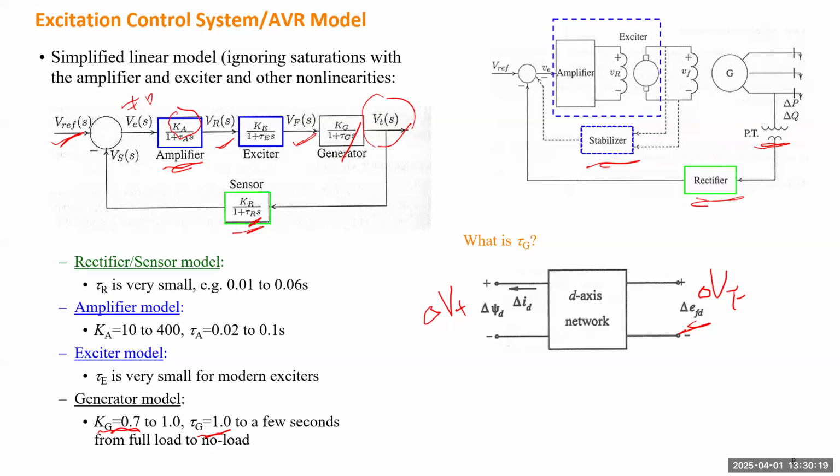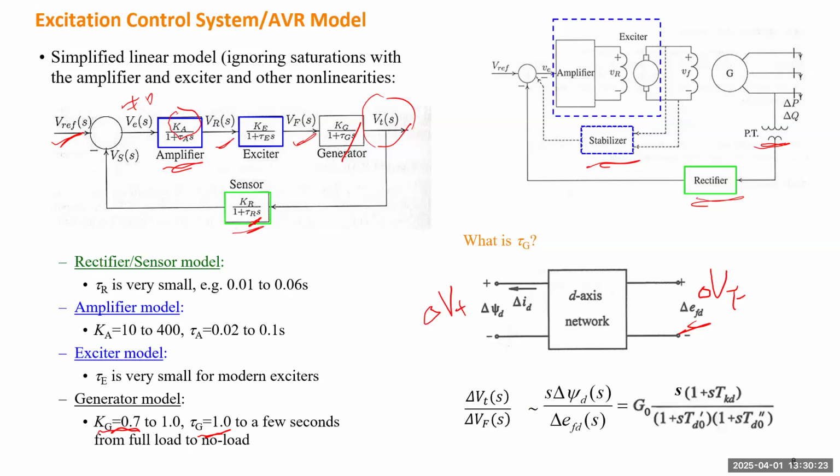The open circuit time constants. Those two. Okay, so we know TD0 prime is much longer than TD0 double prime. So for simplicity, if we ignore the double prime time constant, this one will be about the value of your tau G. That's why tau G will take 1 second to a few seconds.